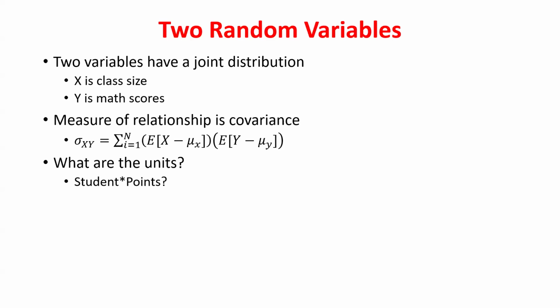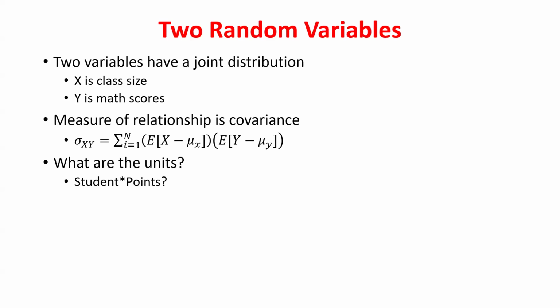So if I end up with a covariance that's positive, what must have been true? That I had more students that had both the class size and test score on the same side of the mean than I did students who had class sizes and test scores on opposite sides.